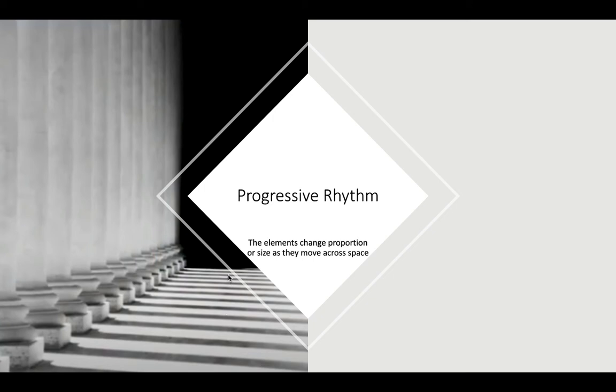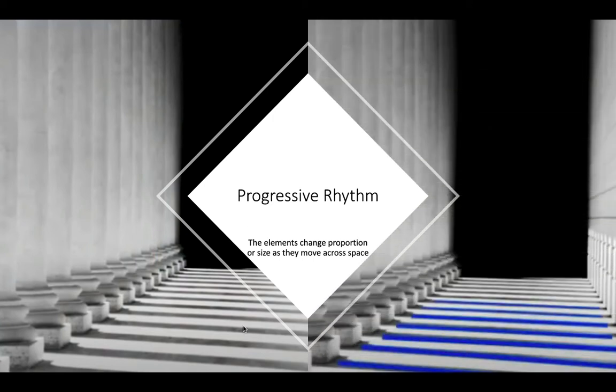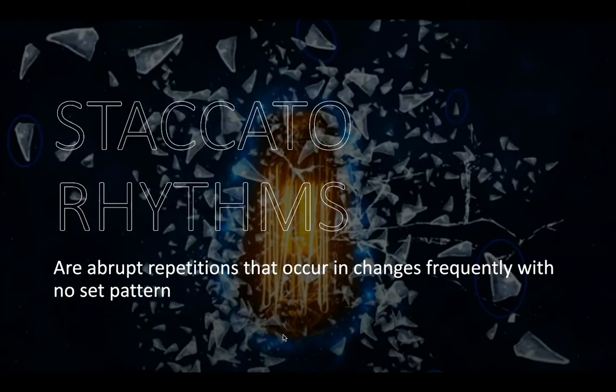Examples are gradients of colors or series of objects that start small and become large in a very regular manner. So for this image, you would have progressive rhythm with the shadows getting smaller as they go down. Okay. Do you see that? How it starts large here and it gets smaller and smaller and smaller like that. So this is the example of a progressive rhythm.